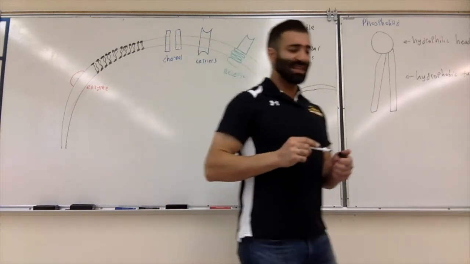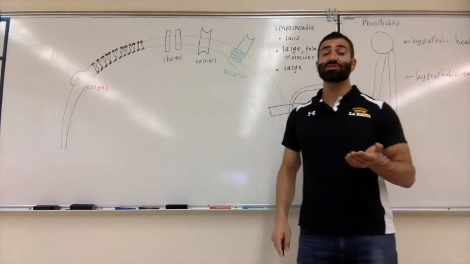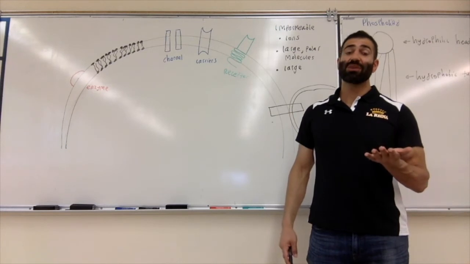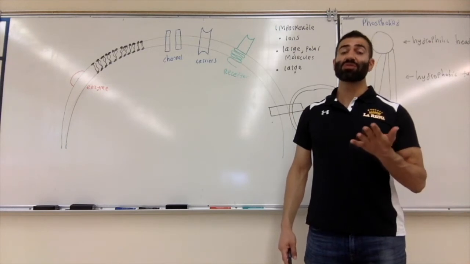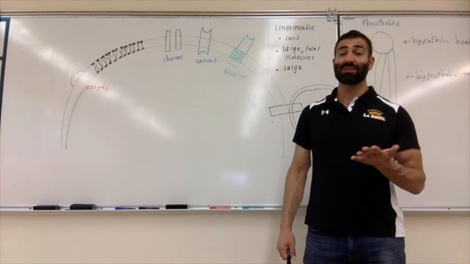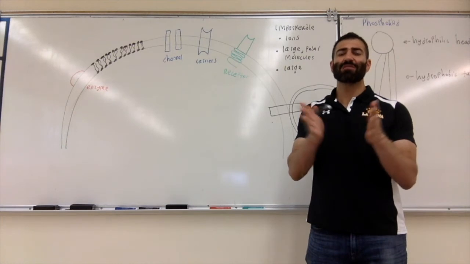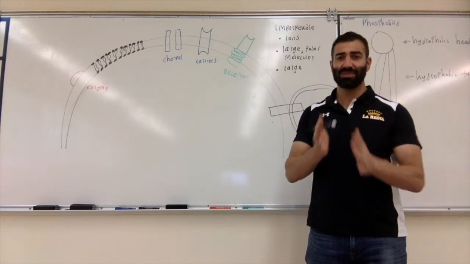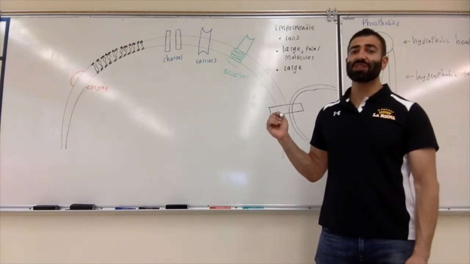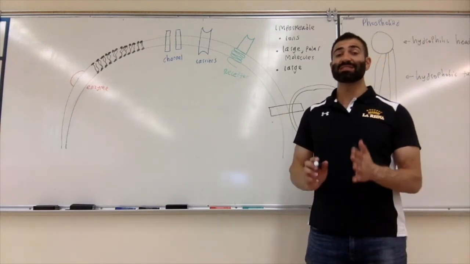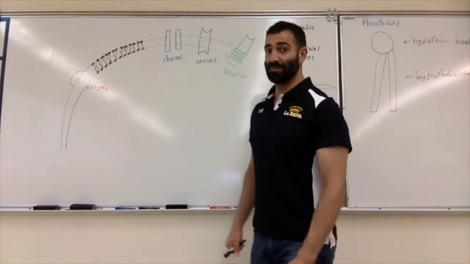We know that tissues are made up of cells. However, as you learned in anatomy, if you look at a tissue underneath the microscope, you'll see that all the cells are very closely packed together. And that's because they're held together with these adhesion proteins. What they do is they make the cells continuous with one another.